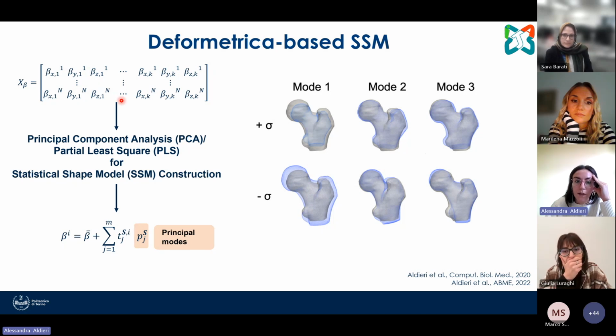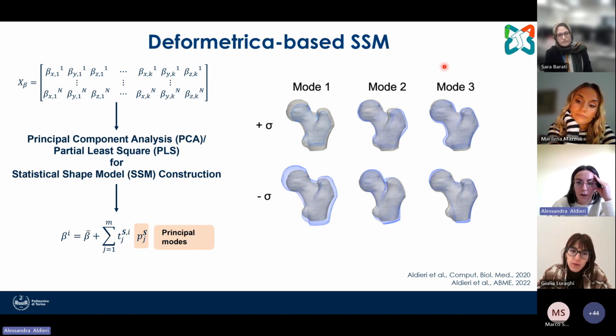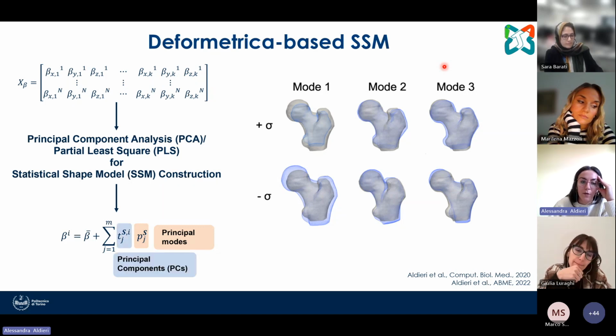So we could identify, said in other words, the most variable anatomical features of our femurs, okay? And here, just as an example, the first three modes, so the first three main anatomical features of our population, are shown.